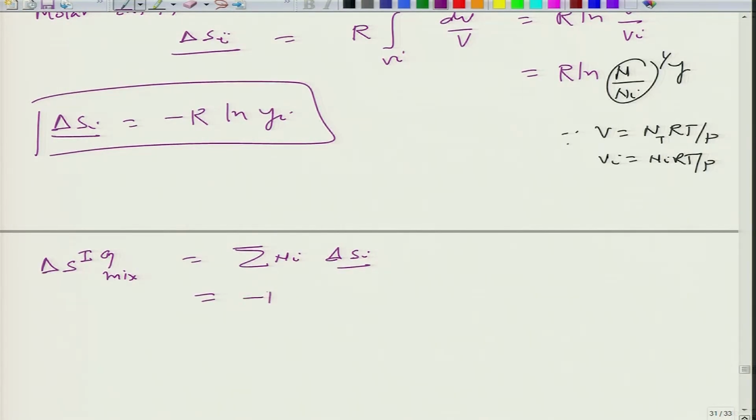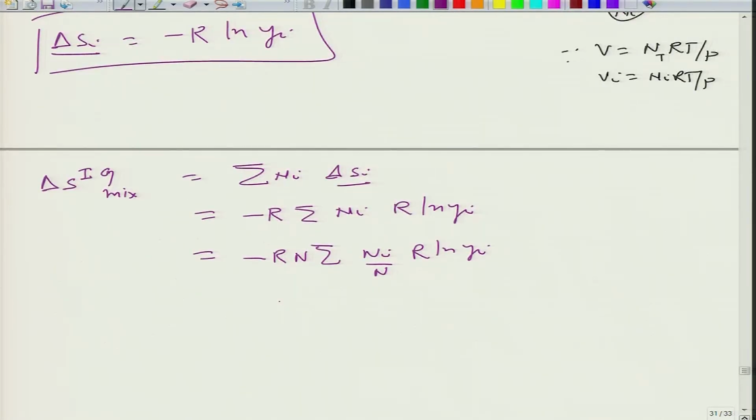So, here I can expand it now, replacing it here. At this point, if I consider N_i by n total, ln y_i, then I can multiply by n, the total number of moles.